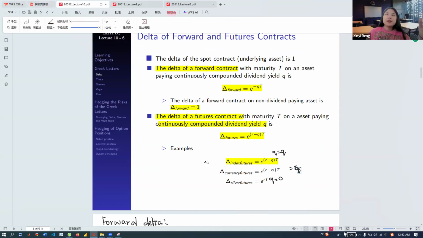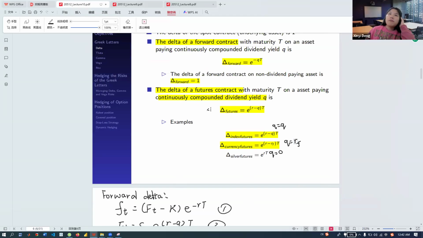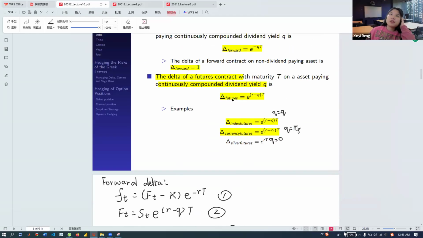For silver futures, it's not paying any dividend yield, therefore q would be equal to 0. Those three, index futures, currency futures and silver futures, are just three application examples of this third bullet point, the delta of the futures.